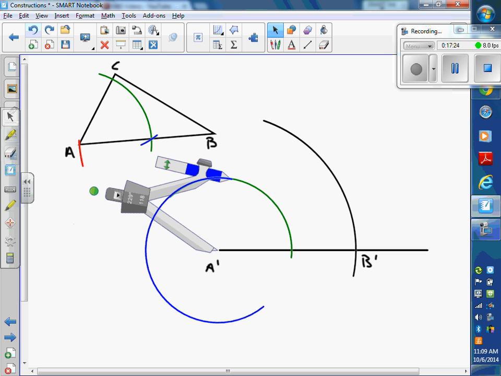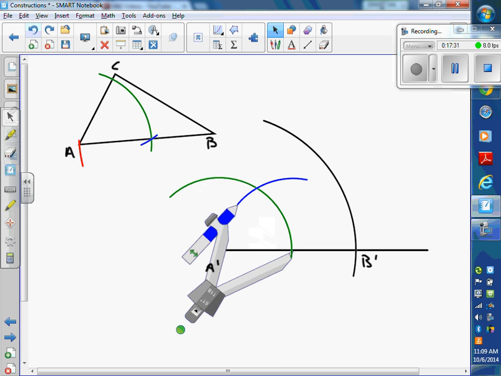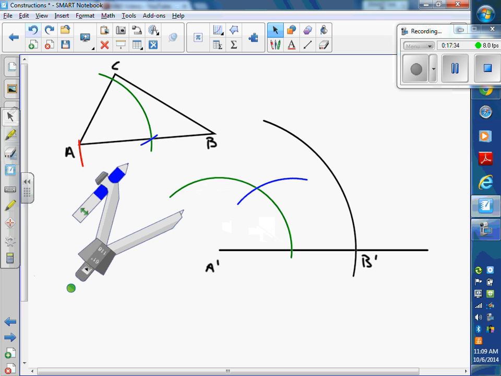That's not what I wanted to do. There we go. You see what you get? That's C prime right here. If this were X, I just made X prime, sorry. It's how wide the angle is.